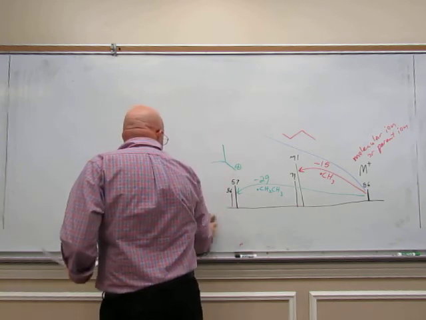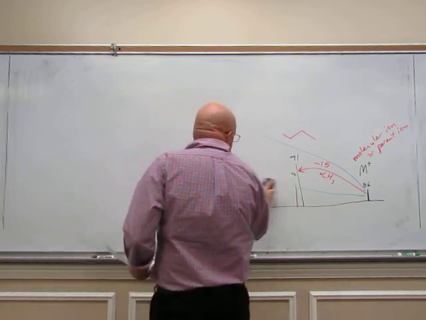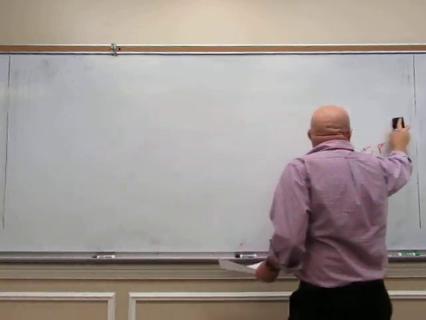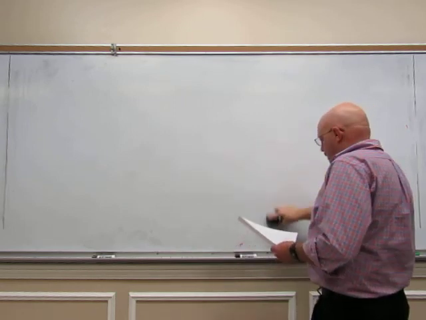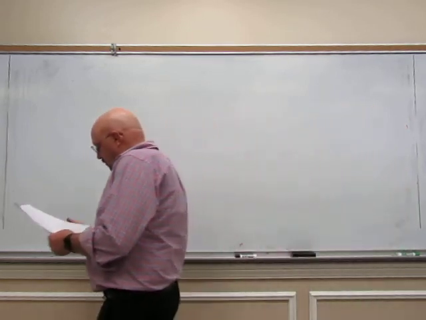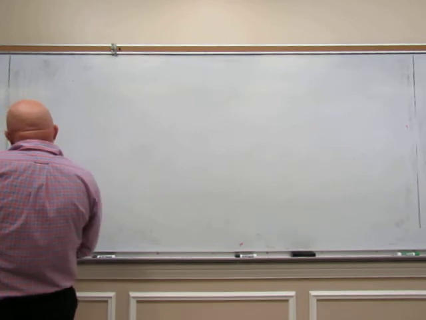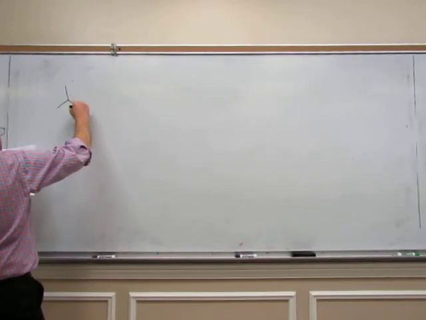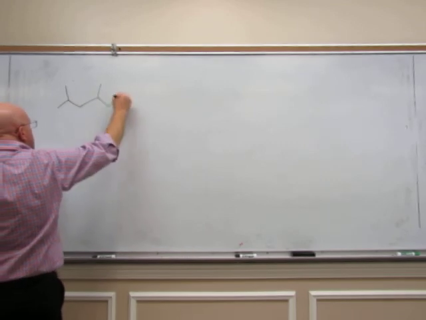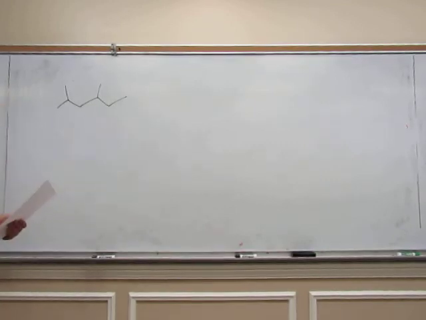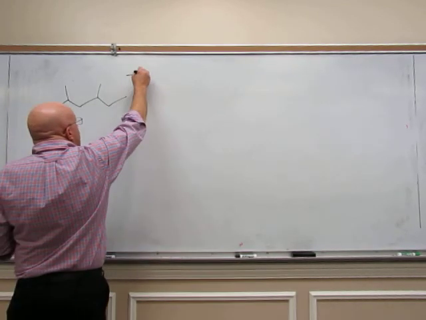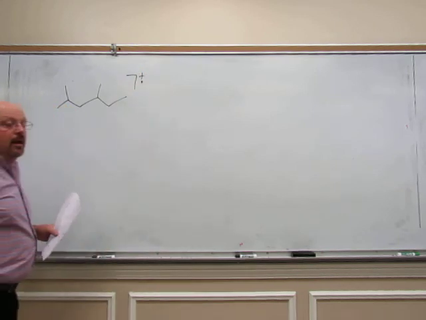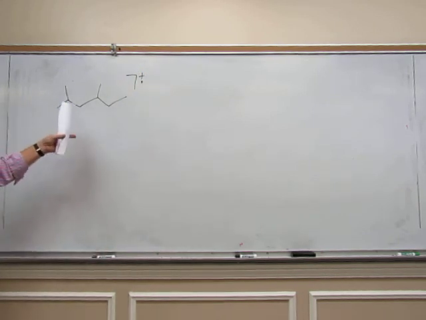Okay, let's look at our next spectrum. So next we have 2,4-dimethylhexane. We inject that in the spectrometer, collide it with the electron beam, we knock an electron out, we make a radical cation. That is our molecular ion, that's our parent ion.